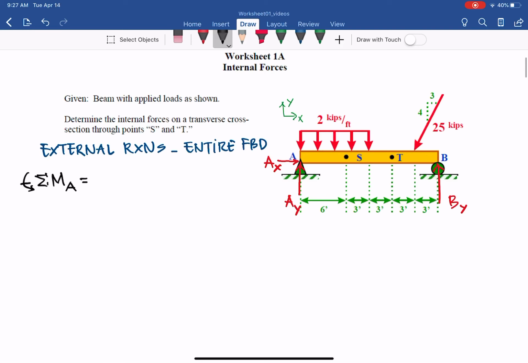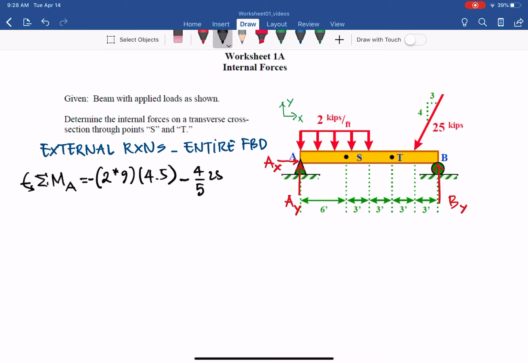We have 2 times 9, the equivalent concentrated load, times the moment arm 4.5, and this one creates counterclockwise from A, so it is negative. Then you will have the force 25 kips, and the vertical component will be 4/5, from the 3, 4, 5 triangle, and it is also clockwise, so it will be negative.